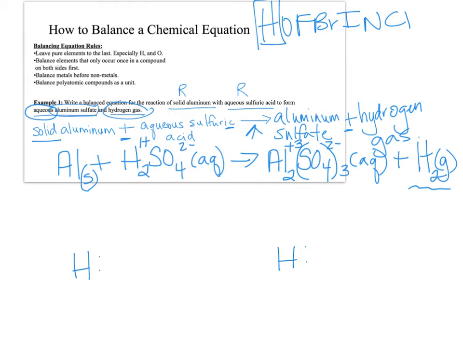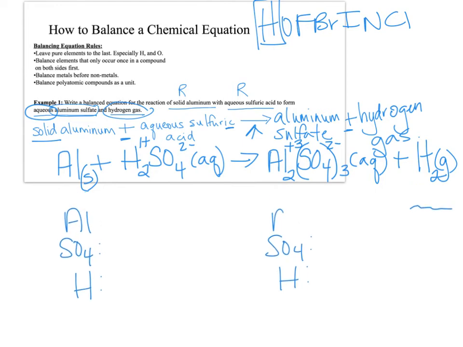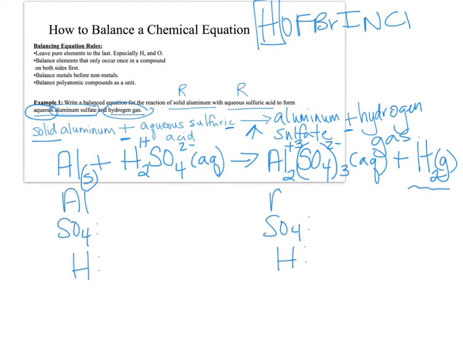Also looking at my balancing rules, it says to balance my polyatomic compounds as a unit, and I do have the polyatomic compound of SO4. So I'm going to do those together, and then that leaves aluminum. And aluminum I will do at the first part of it.